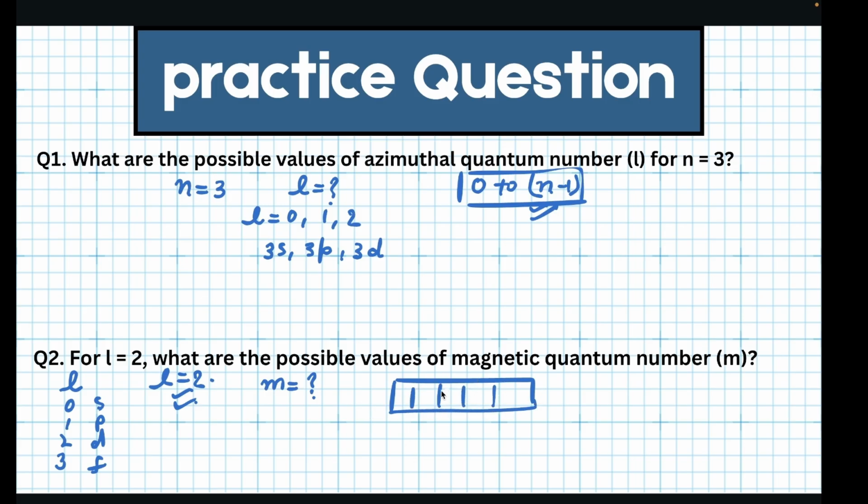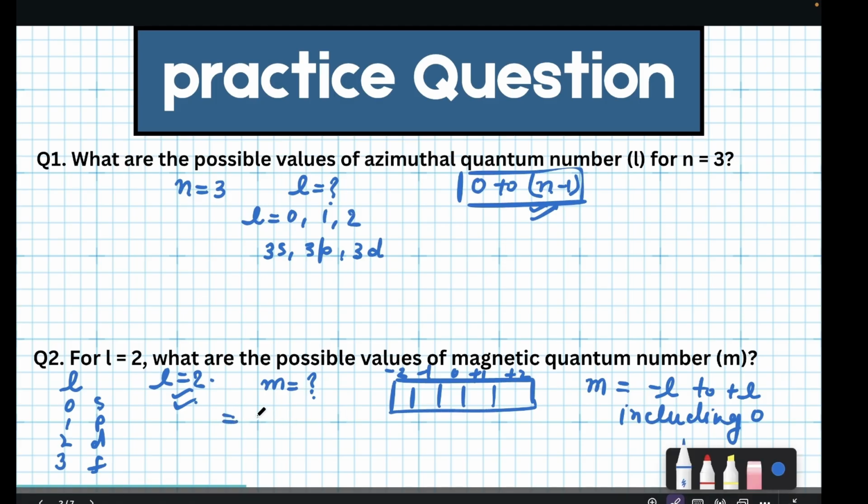And for this, the possible values of m will be minus 2, minus 1, 0, plus 1 and plus 2. The formula that we use in this question is, for the given value of L, the values of m can range from minus L to plus L including 0. So the possible values of m for the d subshell will be minus 2, minus 1, 0, plus 1 and plus 2.